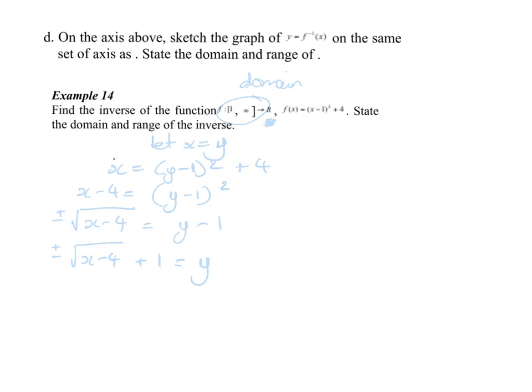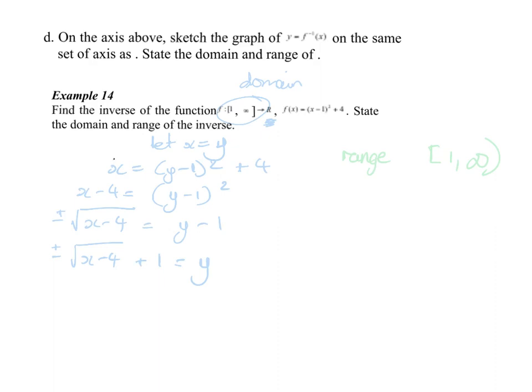Now, whilst we're looking at this, because that's not the final answer, we do need to consider the fact that the domain of our original function was 1 to infinity, which means the range of my new function, or my inverse function, is going to be 1 to infinity. So we're only looking at the positive side of things. So if you think about this, you should recognise our graph as a square root function, all right?